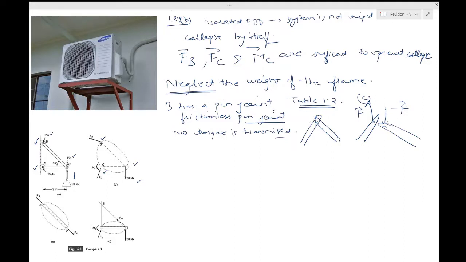You may have figured out that there is really no indication in our question that the pin is frictionless.